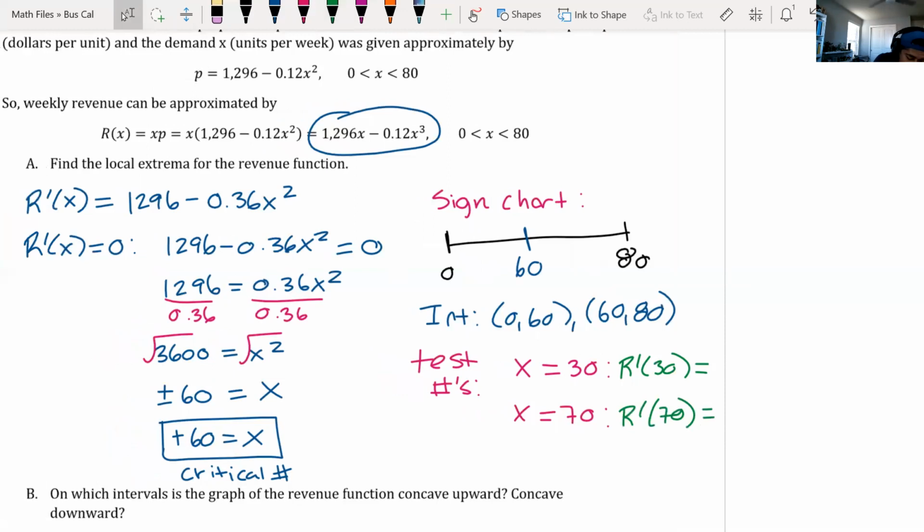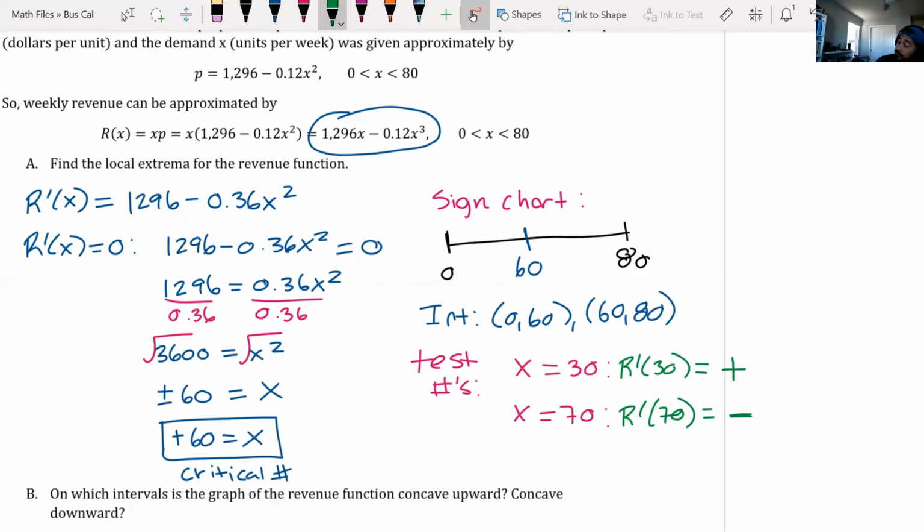So 1296 minus 0.36x squared, and I type in 30 and I type in 70. When I do that, I get a positive number and a negative number.